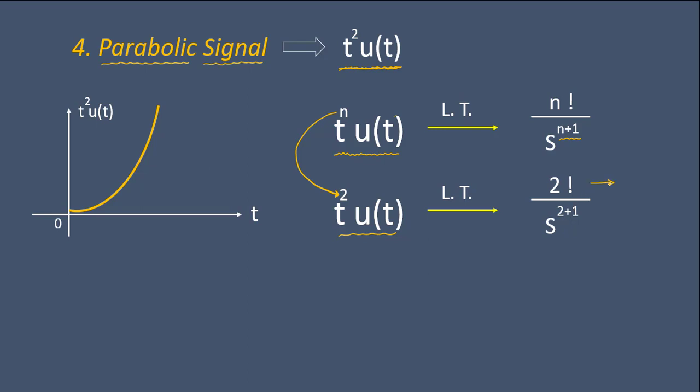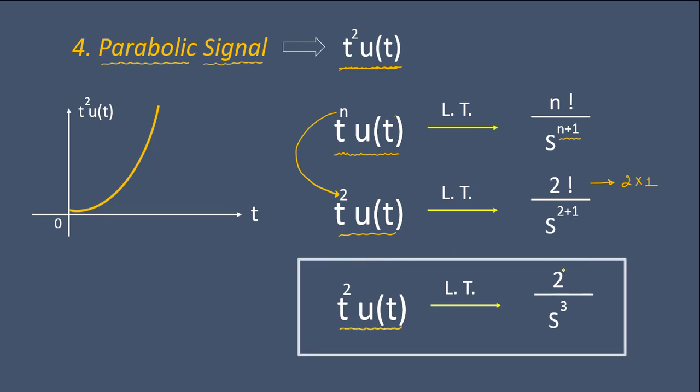Now 2 factorial is 2 into 1. So the final answer is that the Laplace transform of t square u of t is 2 upon s cube. So the Laplace transform of parabolic signal t square u of t is 2 upon s cube.